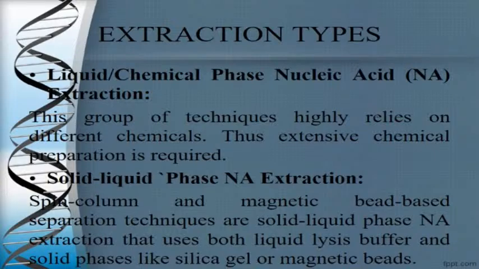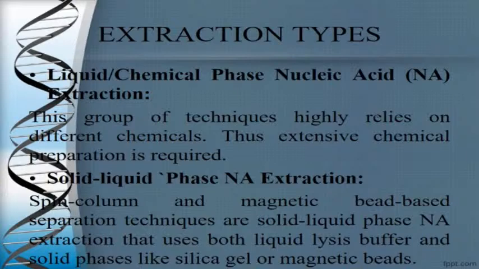So, this group of techniques relies heavily on different chemicals. Thus, extensive chemical preparation is required. While we have solid-phase nucleic acid extraction, it's a step higher than the liquid phase.